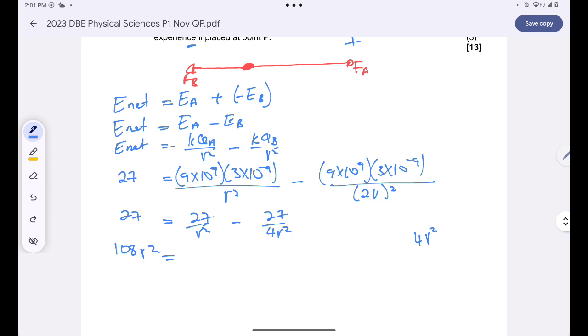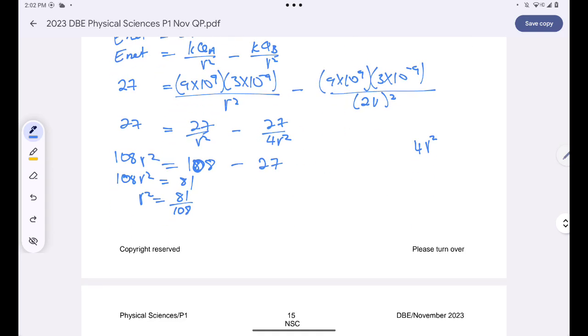Whenever I multiply 27 over r squared by 4r squared, the r squareds will cancel one another. I'll be left with 108. And then on the other side, I'll be just left with 27, right? So I simply have 108 r squared is equal to 81. Then r squared is 81 over 108.